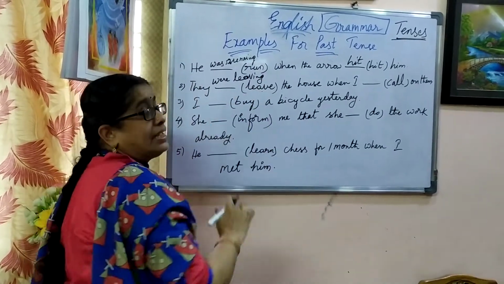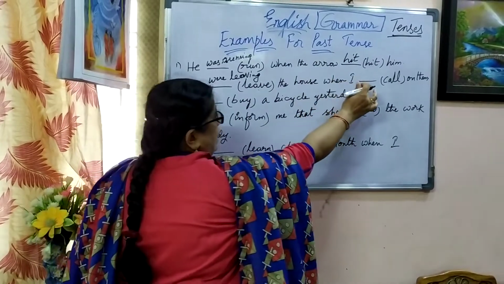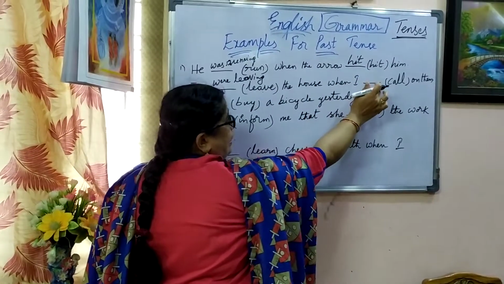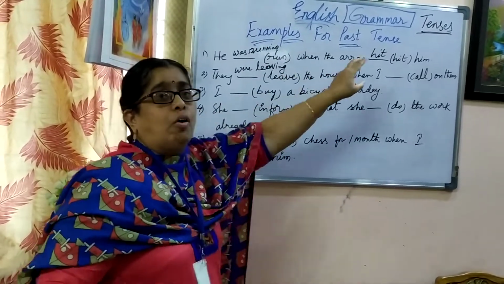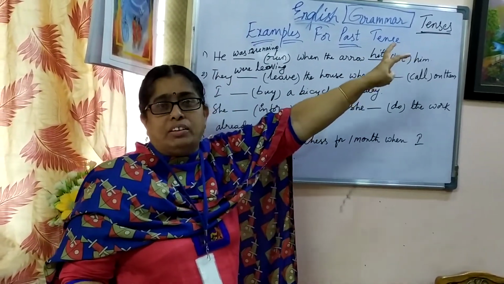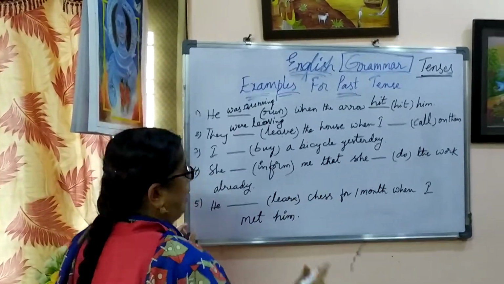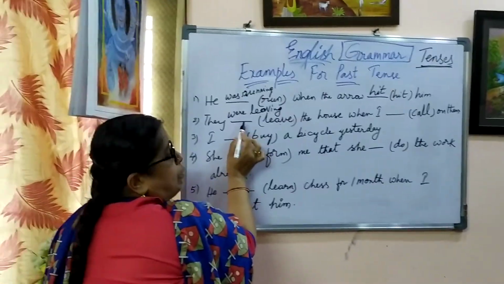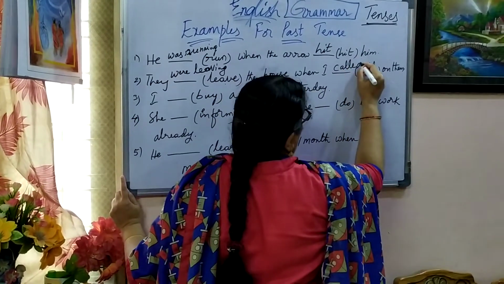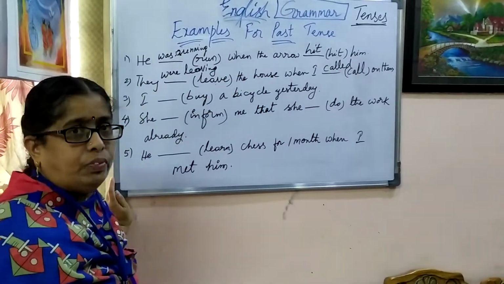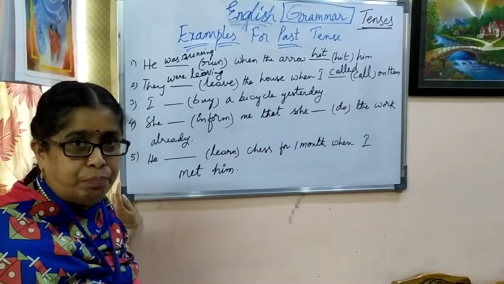This action was in progress when the other action happened. Otherwise, it could not have happened. If they had left already, how could I call on them? I can't. So, using common sense, we can clearly say this action was in progress and the other happened at that time. They were leaving the house when I called on them.